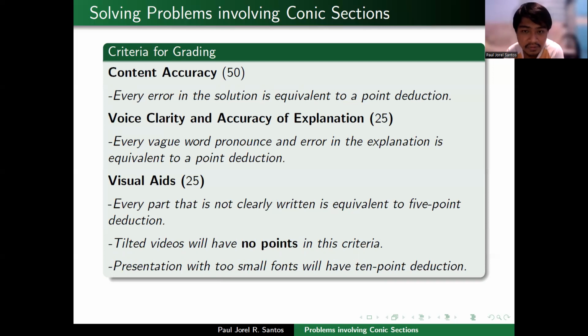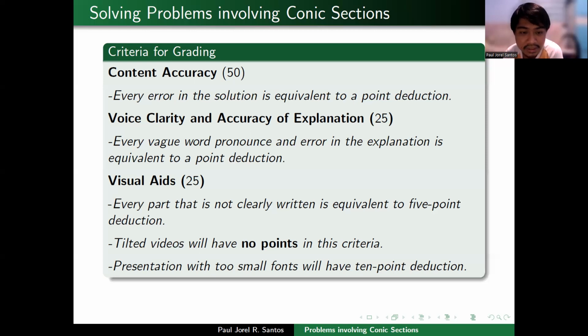And for visual aid, by the way, that is 25% or 25 points. For visual aids, every part that is not clearly written is equivalent to 5-point deduction. Tilted videos. This is very critical. Tilted videos will have no points in this criteria, meaning if your video is tilted, your highest possible grade is 75 points.